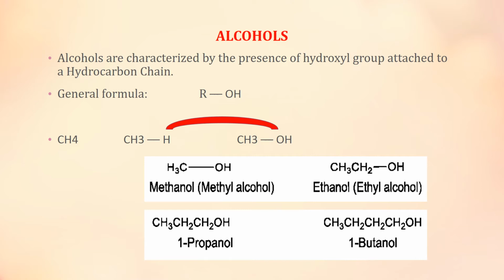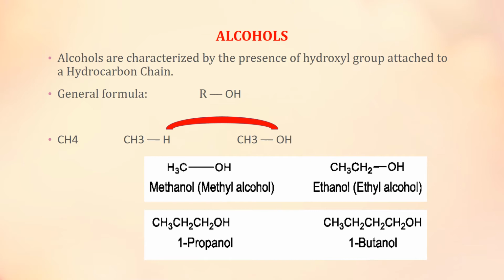For example, in methane, you can see this CH3-H. This terminal hydrogen is replaced by the hydroxy group. Then methyl alcohol, or methanol, is formed. The second example is ethyl alcohol. This ethyl alcohol again is formed by the replacement of one hydrogen atom by the hydroxy group.